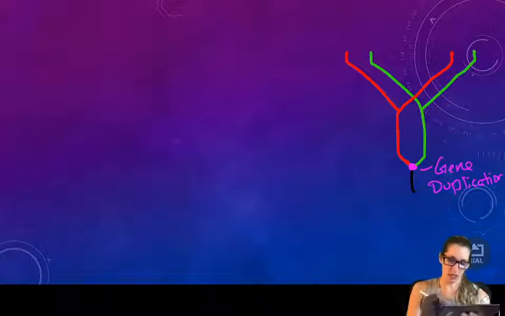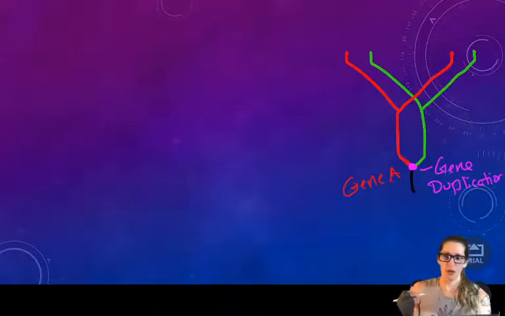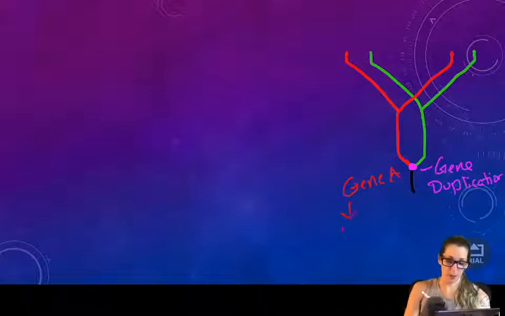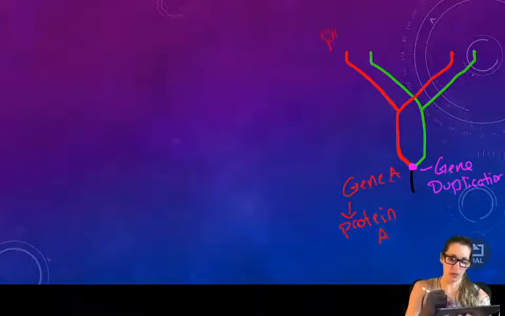Let's stick with gene A. Gene A is under pressure to continue to produce protein A. So it's going through its evolutionary history, and it's still got to produce protein A. But we've duplicated that gene.